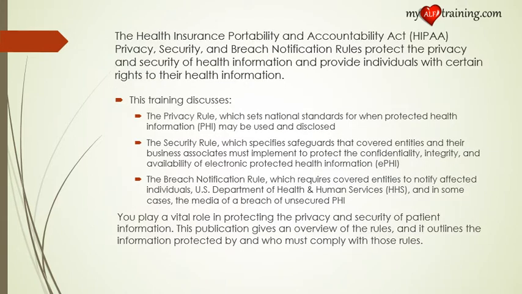The Health Insurance Portability and Accountability Act Privacy, Security, and Breach Notification Rules protect the privacy and security of health information and provide individuals with certain rights to their health information.